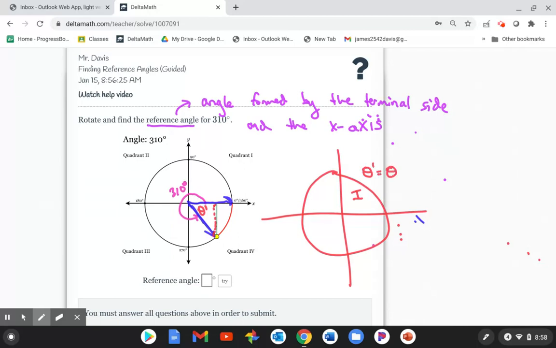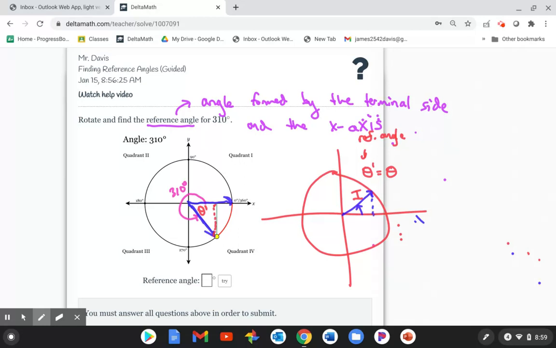Theta prime is what we're using for our reference angle. The angle would just be like this, and it's the same regardless, so theta would be theta prime.